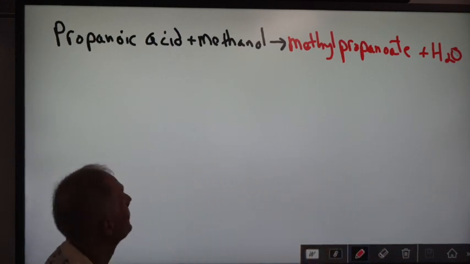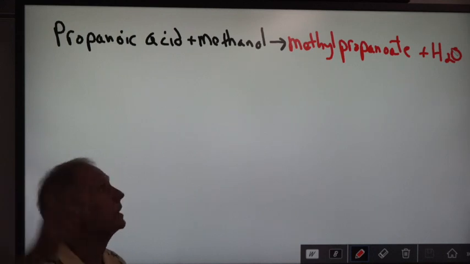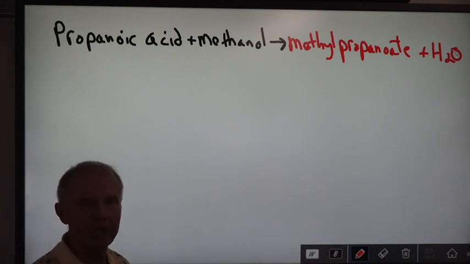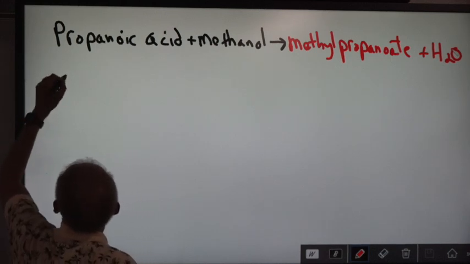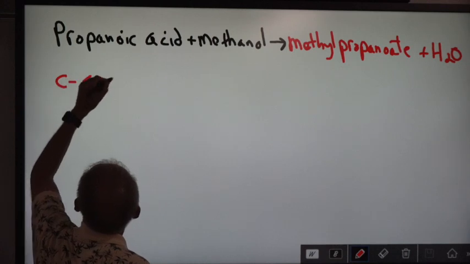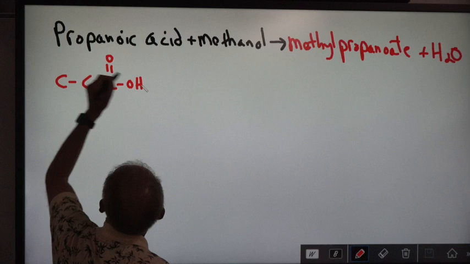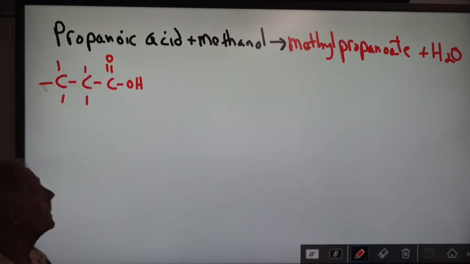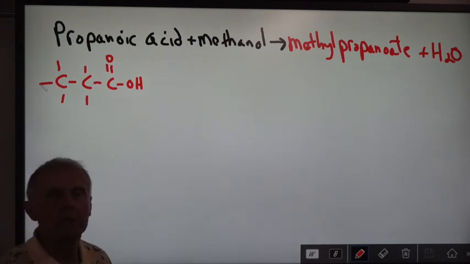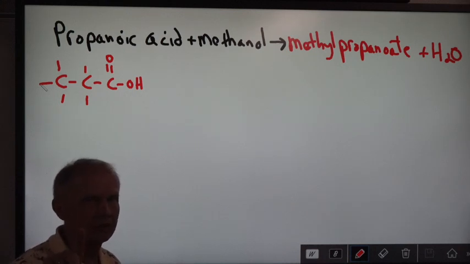Okay, here we go. You know how to build propanoic acid. Prop means 3 carbons, and since it's an acid, got to have a COOH at the end. So watch. That is propanoic acid. Methanol is just 1 C, but watch what you have to do when you build these.